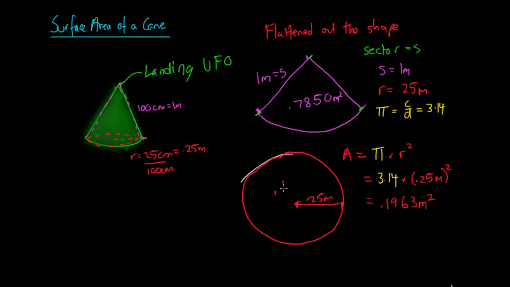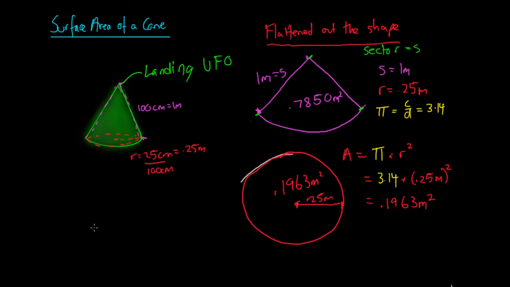So I know that the area of our bottom part is 0.1963 meters squared, and the area of our top part of the cone is 0.7850. In order to work out the total surface area of our cone, all we need to do is add them together.